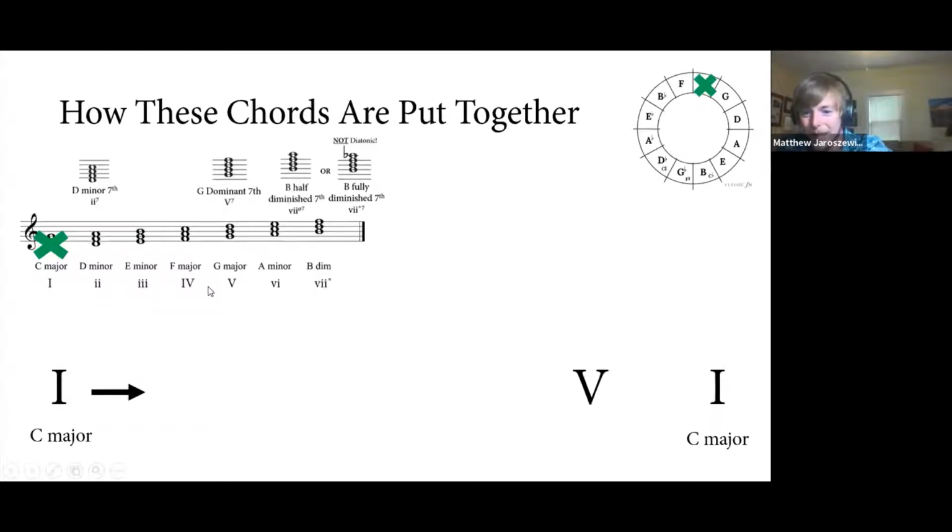And 5 is going to most commonly go back to 1. In all of music, 5 most commonly goes to 1. I assume all of you listening have been to the Canton Symphony or been to a symphony at some point in your life. If you have, you have probably heard a piece of music that ends like this.